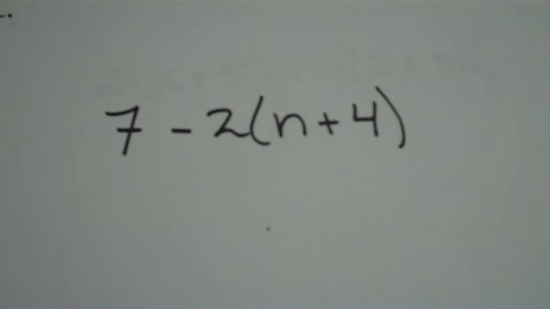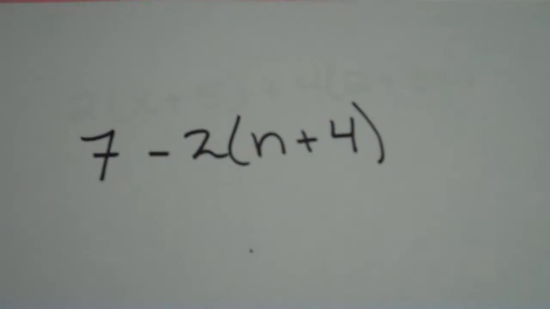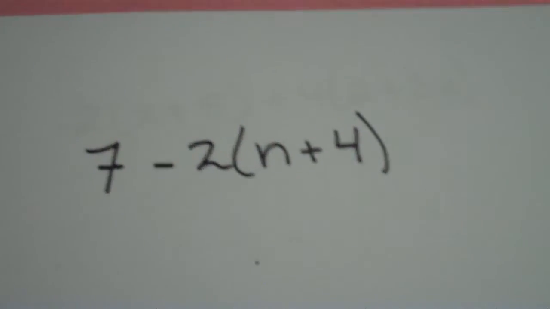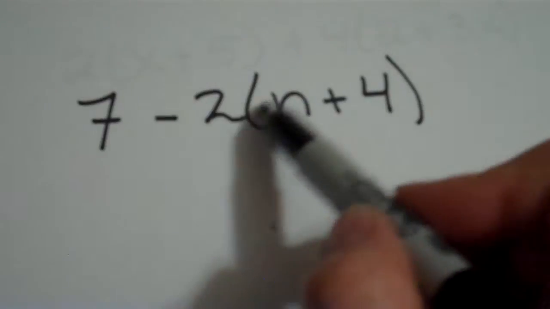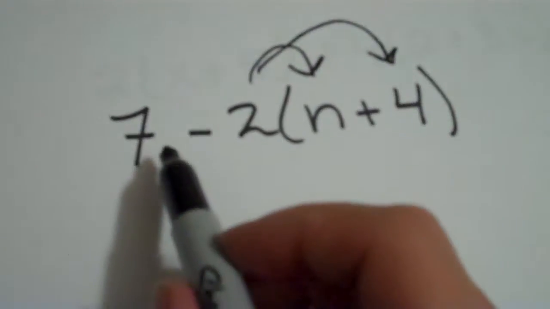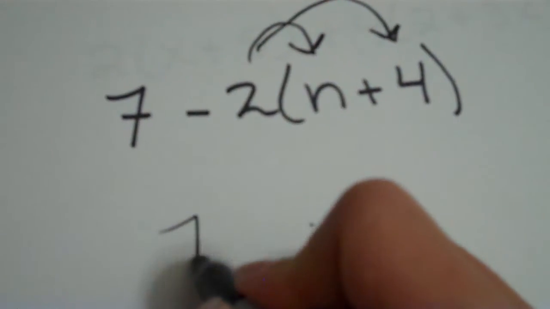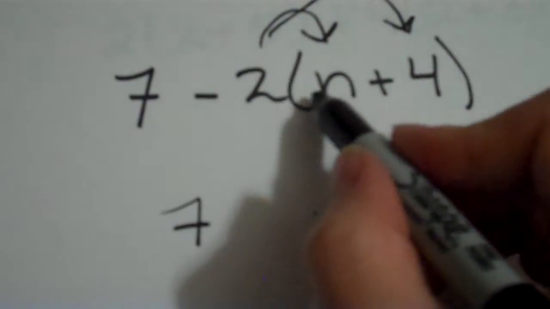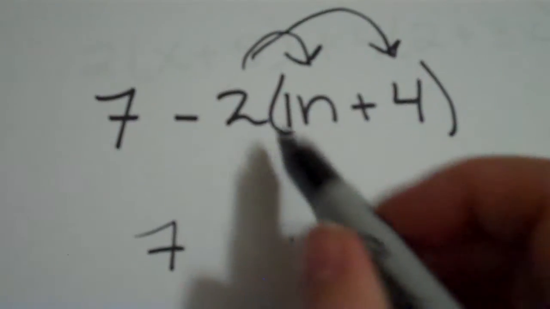So number 2, go ahead and write this down, please. Pause it if you need to. If not, we're going to go ahead and go. So I have distribution, this right here. This negative 2 is right outside. So I'm going to distribute that negative 2. Since I'm not doing anything with the 7, I'm just going to rewrite it down here. Okay? And there's no number here, so that's 1, right? Side by side means multiplied.